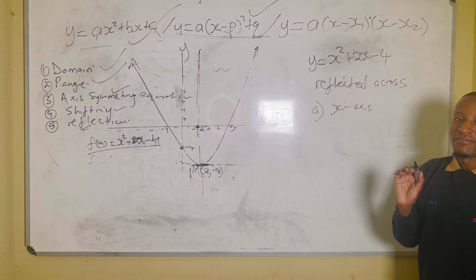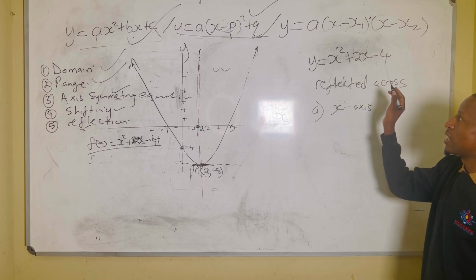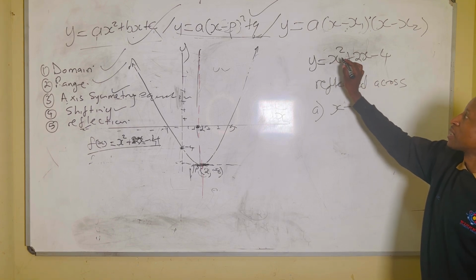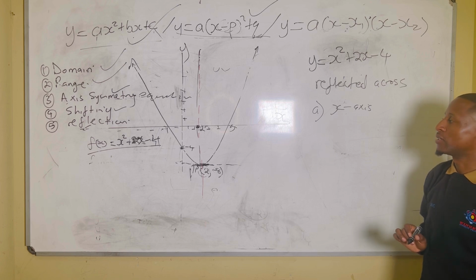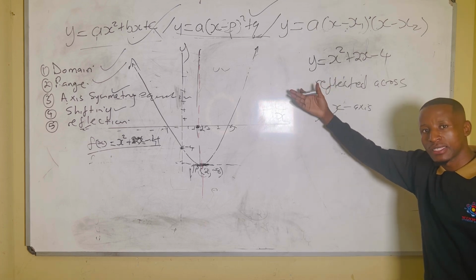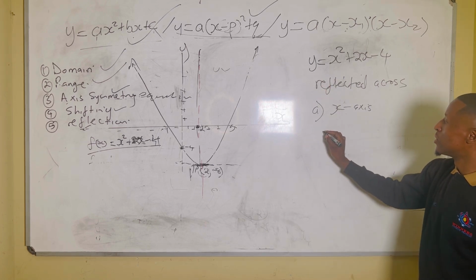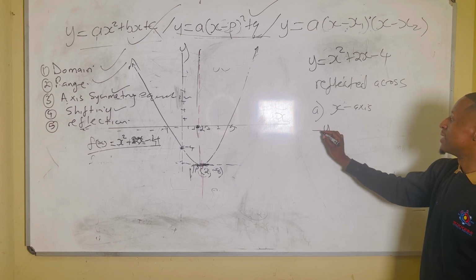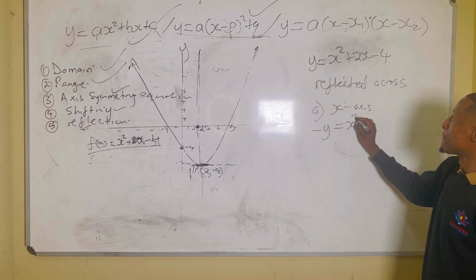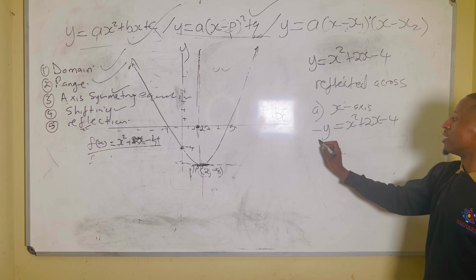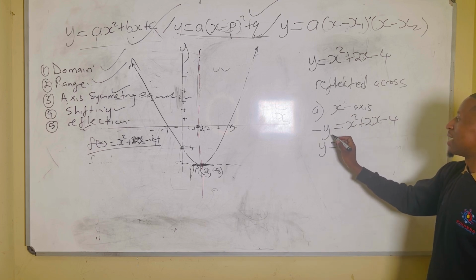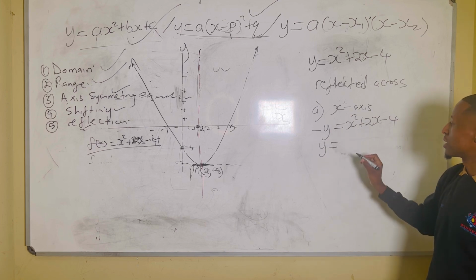If y values are affected, how are you gonna now have your new equation? Meaning, in your equation, you're gonna just place a negative wherever there is y, because y values are the ones that are affected. So negative y equals x squared plus 2x minus 4. If you divide both sides by a negative, remember y must be positive.